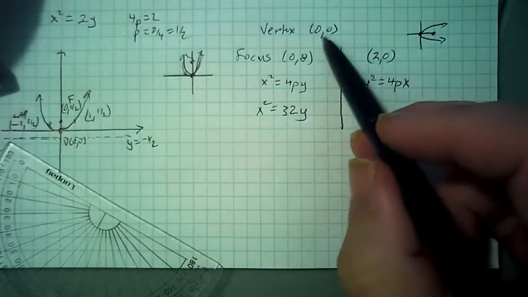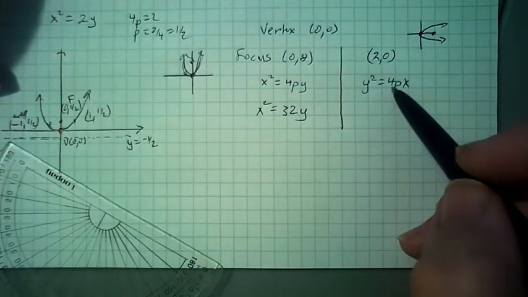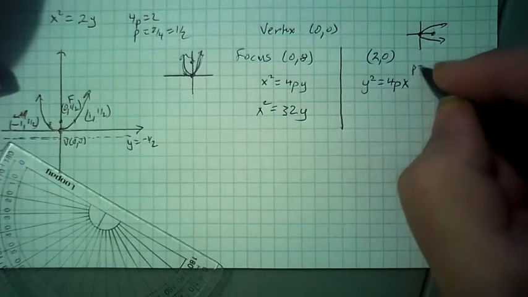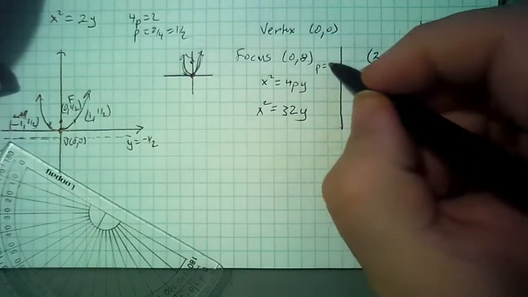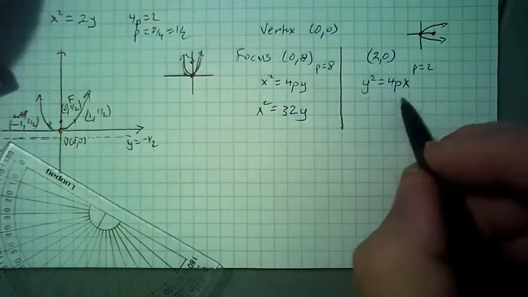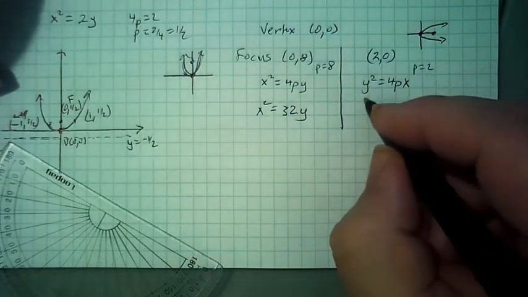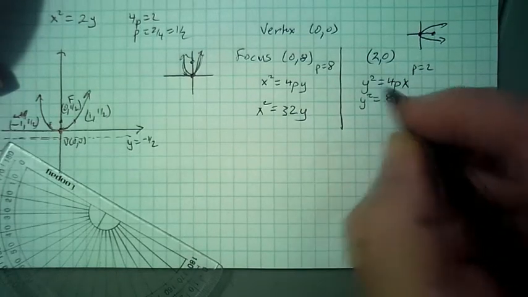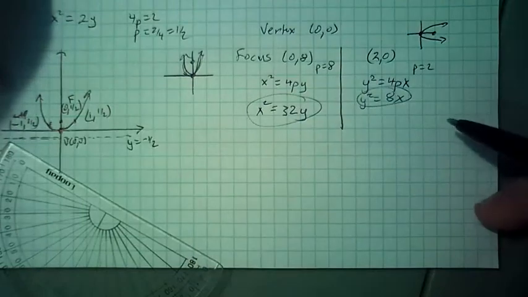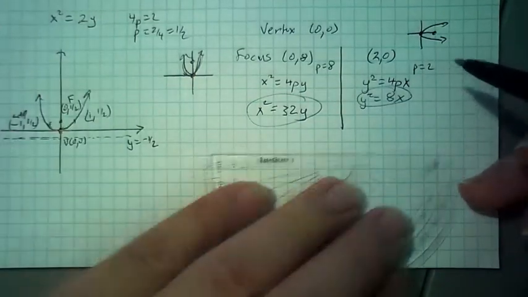Because 2, 0 is 2 spaces away from 0, 0, p is 2, which means what we're looking at here is y squared equals 4 times 2, which is 8x. So as promised, these take much less room.